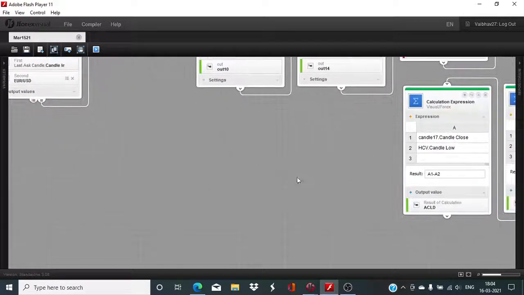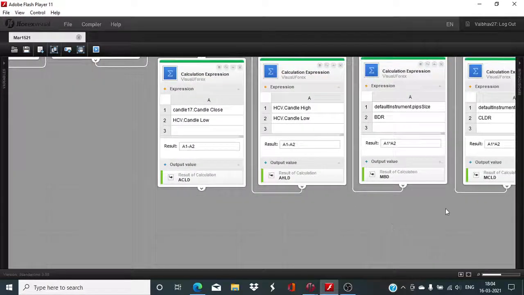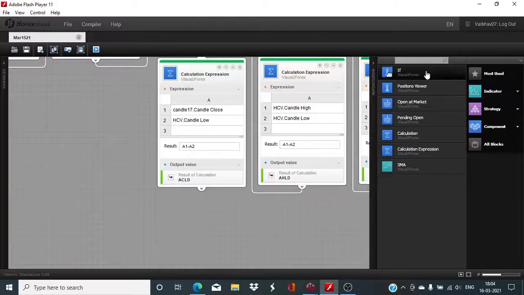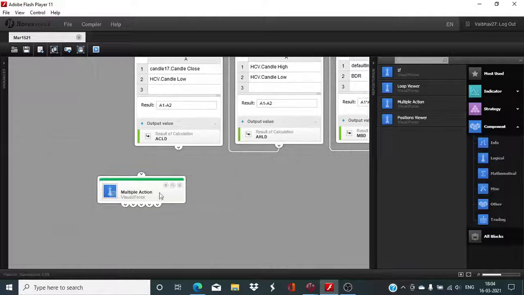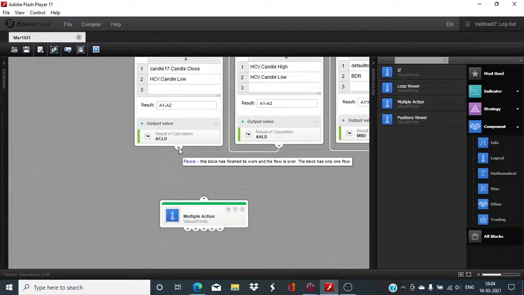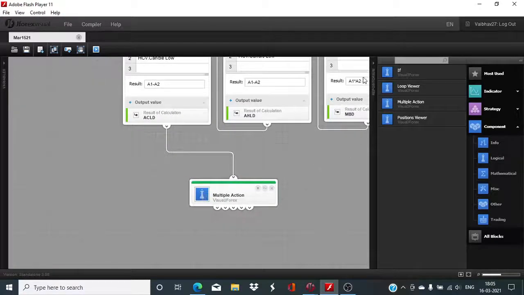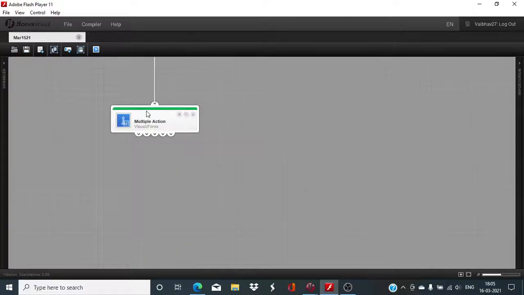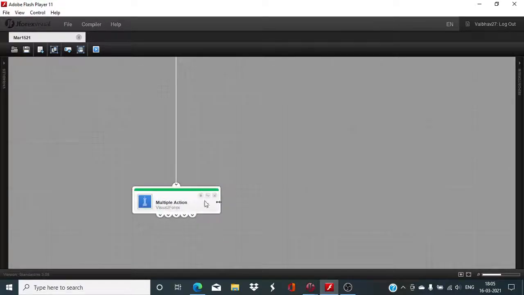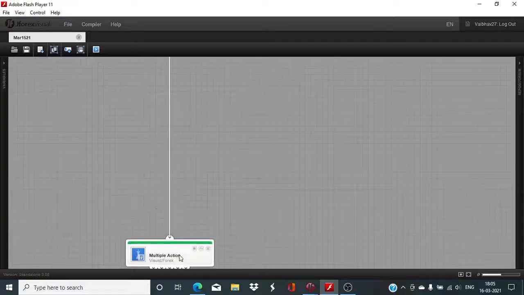Now we will start adding the if blocks which need to be in place for the execution of the buy trade. But before that, we'll take multiple action. For the time being, I am joining this, but later on we will remove it again and disconnect it and connect it back. So I will leave out some space here just in case we have to add further blocks.